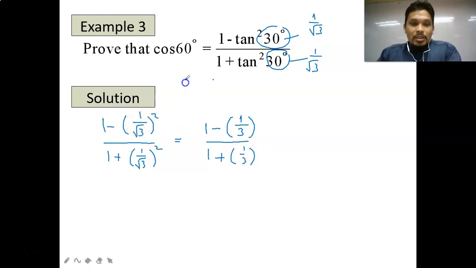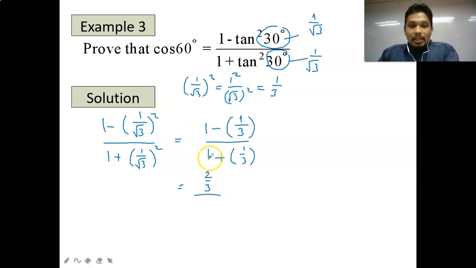For this one here, 1 over square root of 3 squared equals 1 squared divided by square root of 3 squared, which is equal to 1 divided by 3. So then 1 minus 1 over 3. Consider the 1 as 3 over 3. So 3 over 3 minus 1 over 3 is 2 over 3, divided by 3 over 3 plus 1 over 3, which equals 4 over 3.